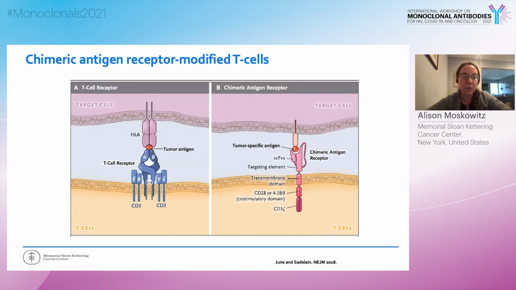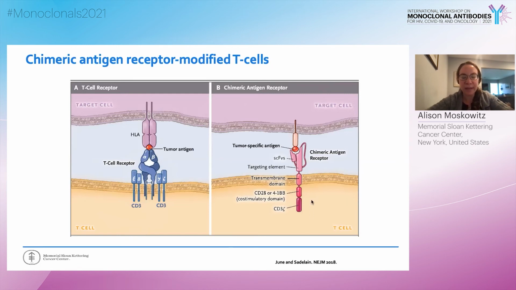Shown here is a normal T cell that contains the T cell receptor. And here's a target cell that is presenting a tumor antigen. You can see that the T cell receptor binds to the tumor antigen and contains the CD3 signaling structures that lead to activation of the T cell.